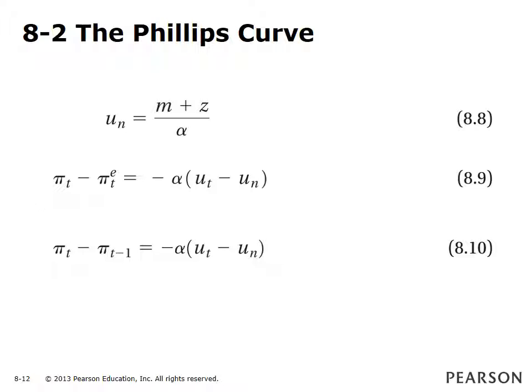The change in inflation rate depends on the difference between the actual and the natural unemployment rates. And 2. The natural rate of unemployment is the rate of unemployment required to keep the inflation rate constant. That is why the natural rate is also called the non-accelerating inflation rate of unemployment, or NAIRU.